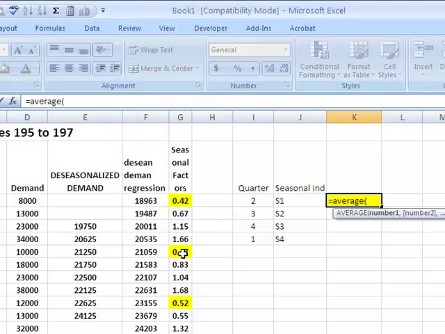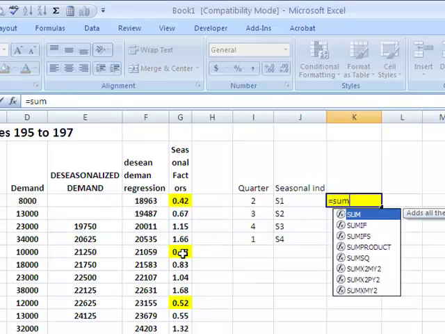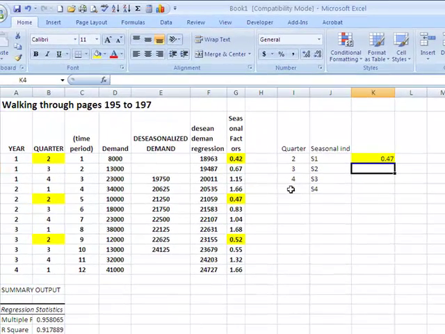Your book is averaging the rounded figures, so I need to write 0.42 plus 0.47 plus 0.52, all divided by 3, and the book gets 0.47.